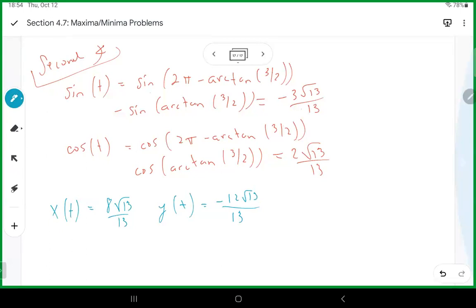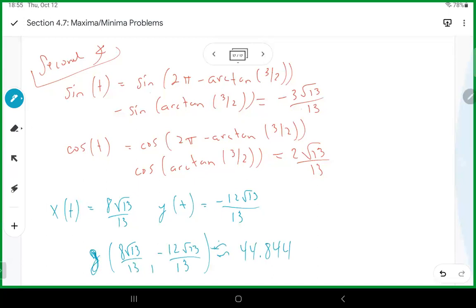If you shove those into G, you would end up with 44.844.